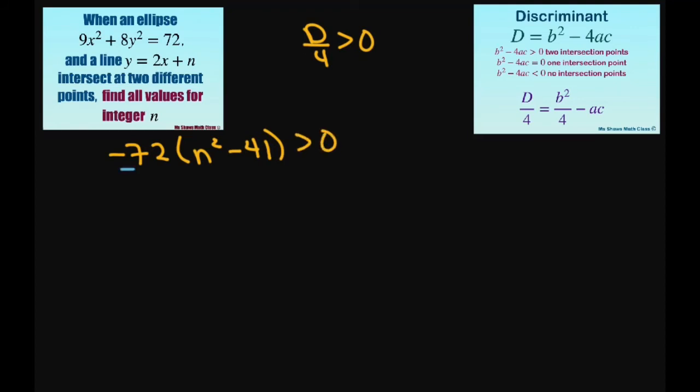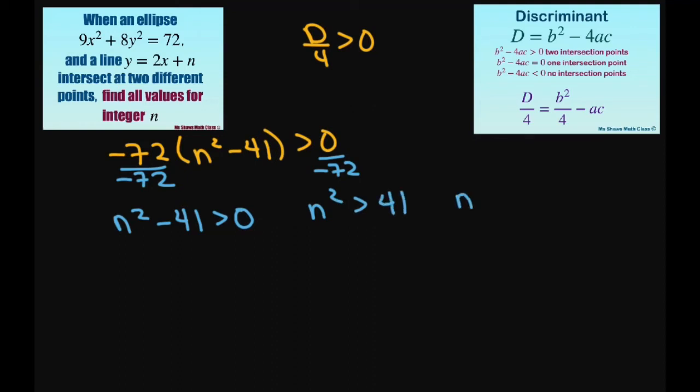If you divide both sides of the inequality by negative 72, we get n squared minus 41 is greater than 0, or n squared is greater than 41, or n is greater than plus or minus square root of 41.